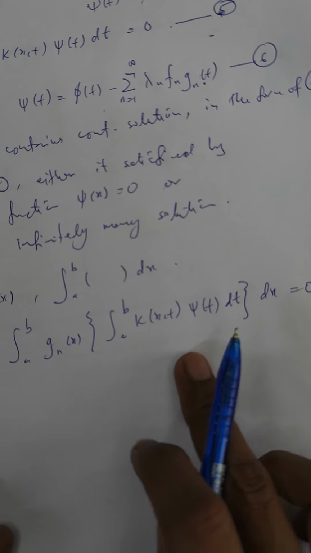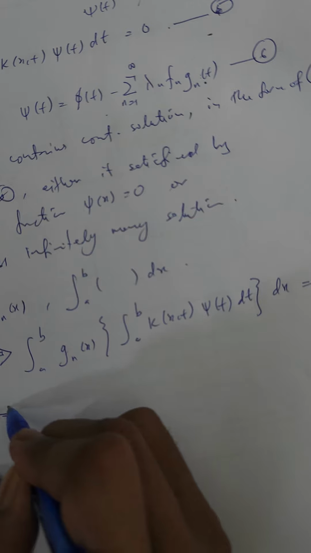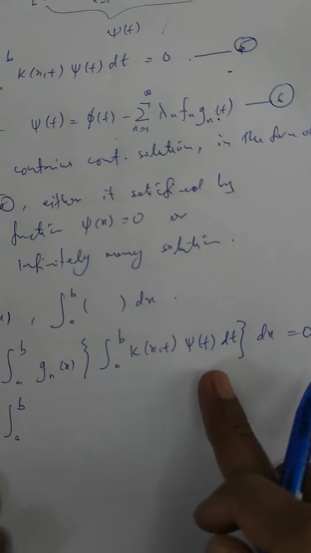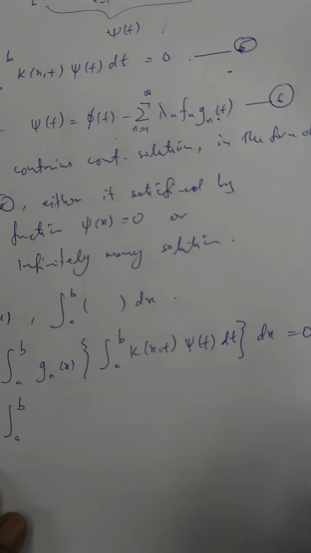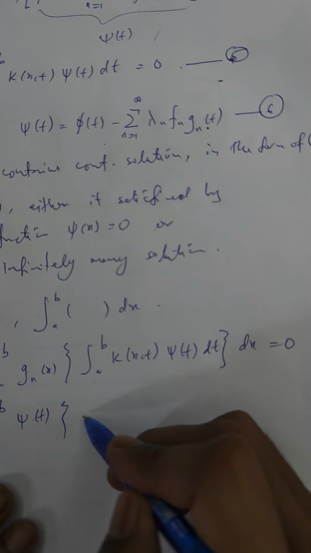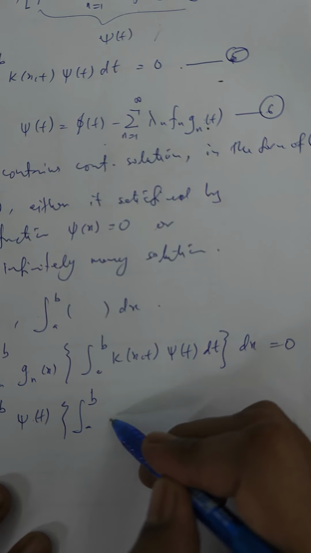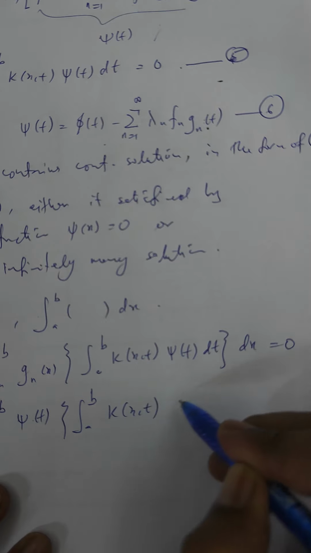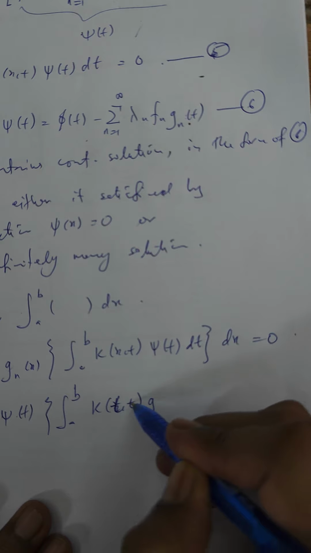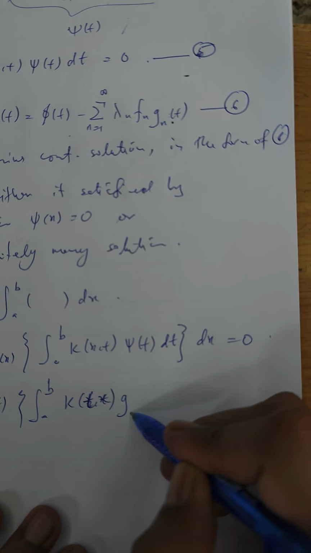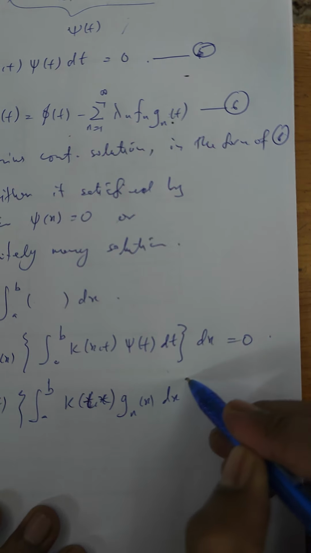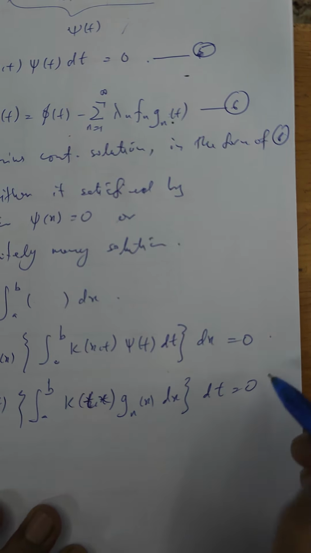And since k is symmetric, I can write that this is equal to integrate a to b phi t. Of course you can change the order of integration, so we have phi t times integrate a to b k t x g n x dx dt, there should be t x here because k is symmetric. This is equal to 0.